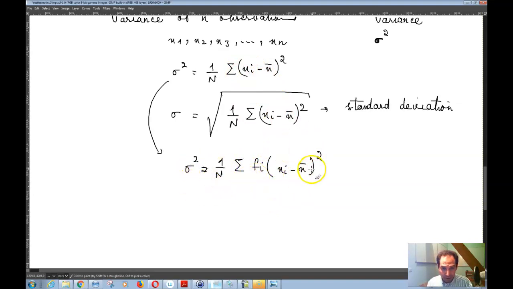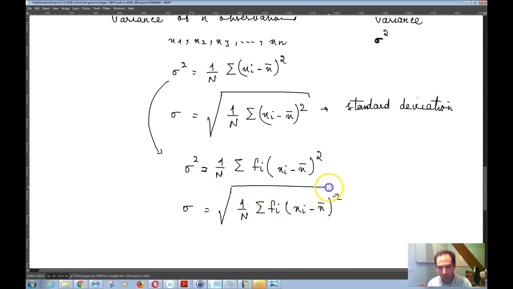This again becomes your variance, and standard deviation becomes the square root of 1 over n sigma f of I times x of I minus x bar whole squared. That is what we talked about.